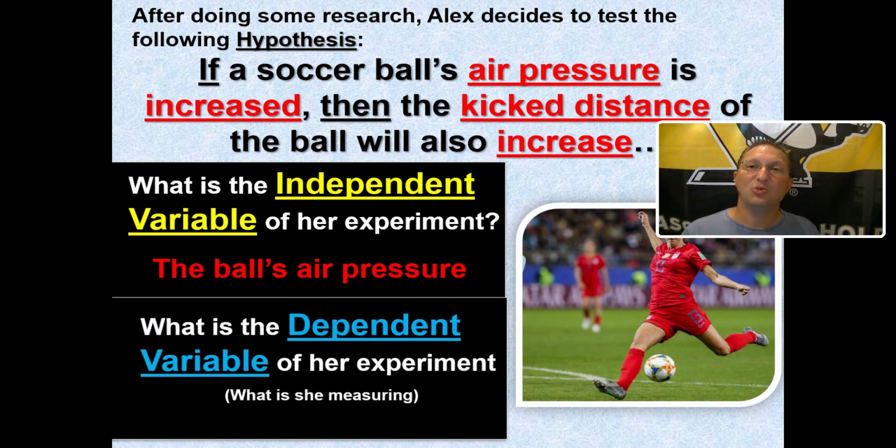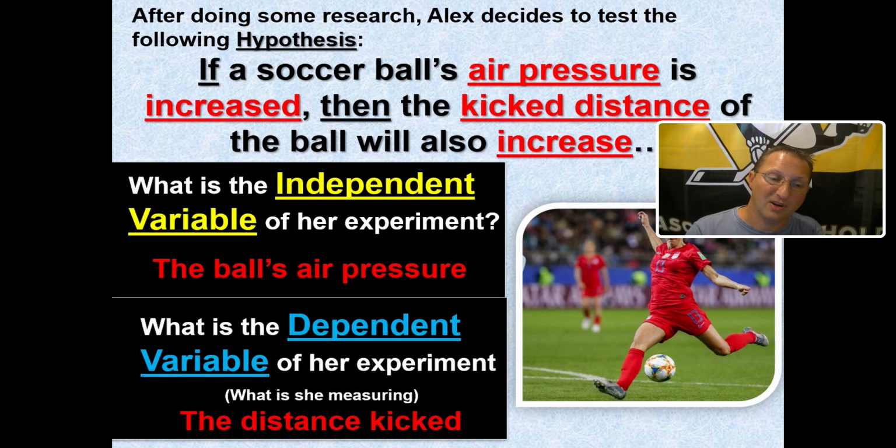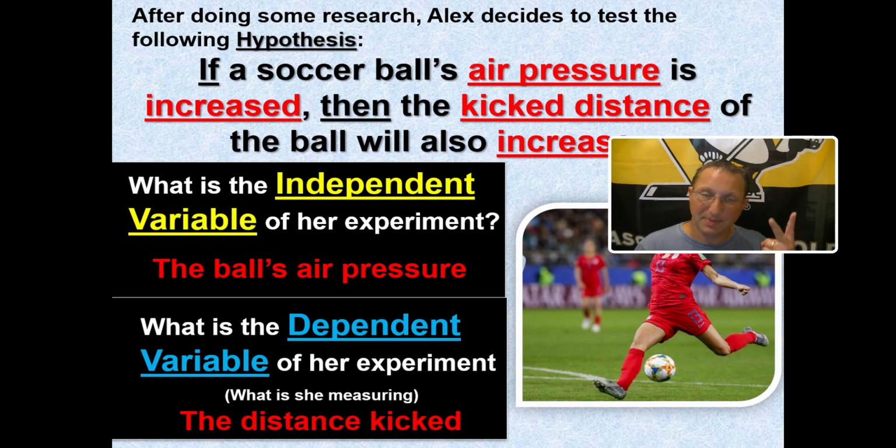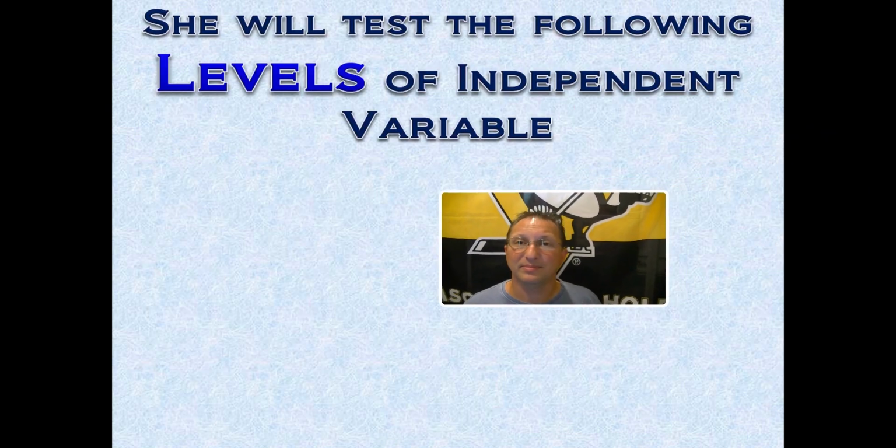The dependent variable is what she hopes will happen after she changes the air pressure of the ball. So that's the then part of the hypothesis. What is she hoping will change? She's hoping that the distance that the ball is kicked will change. So our independent variable is the air pressure in the ball, and our dependent variable, what we hope to change, is the distance that the ball is kicked. Your hypothesis gives you your independent and your dependent variables.